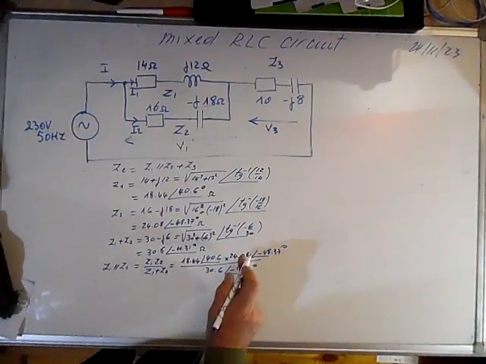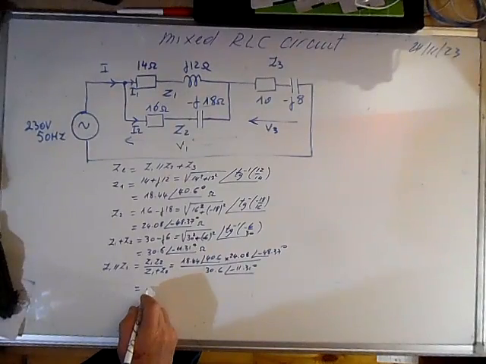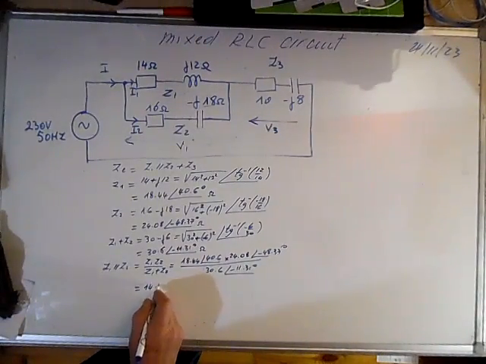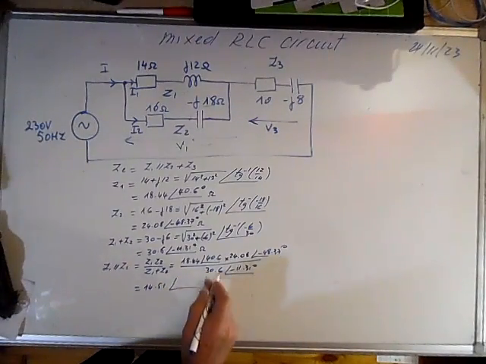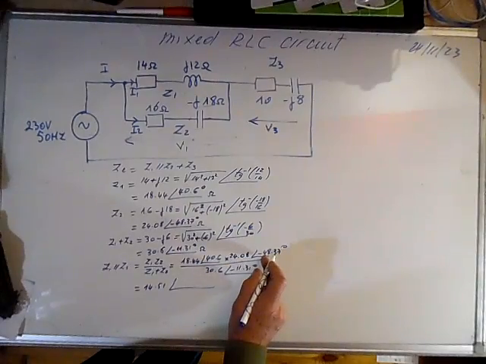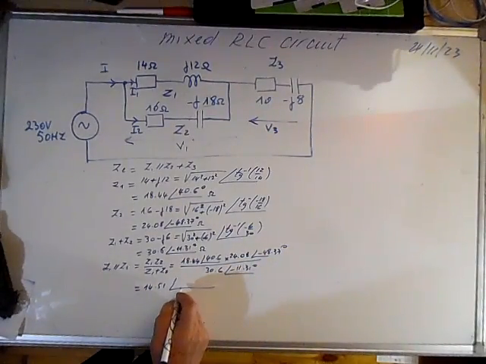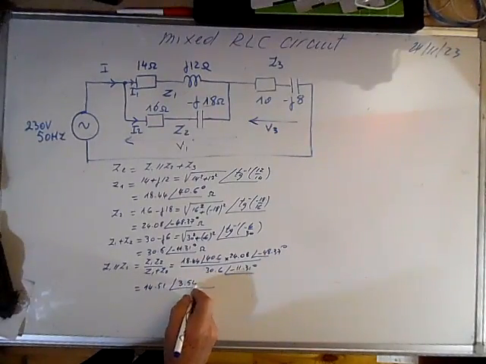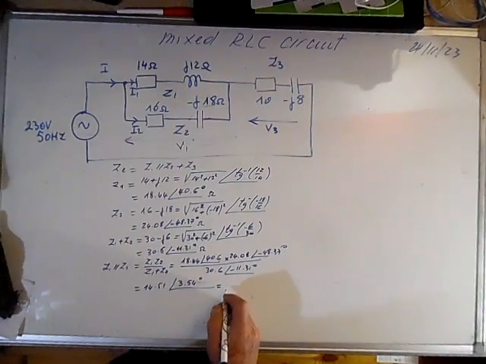So this times this over this will give us a value of 14.51, and argument 40.6 minus 48.37 plus 11.3 will give us an argument of 3.54 degrees.